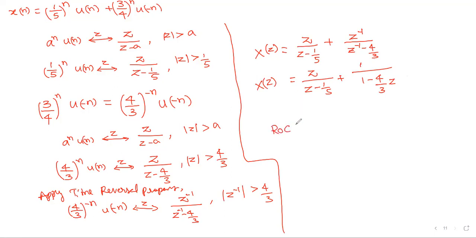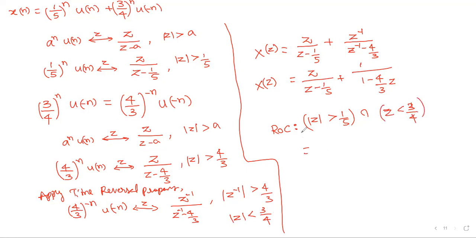What is the corresponding ROC? The ROC will be |z| > 1/5 intersection with |z^-1| > 4/3. Then z will become less than 3/4, so |z| < 3/4.